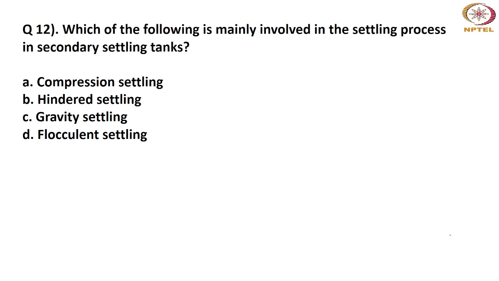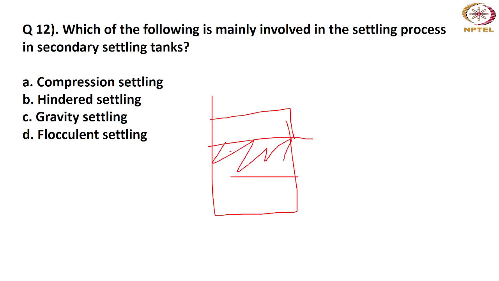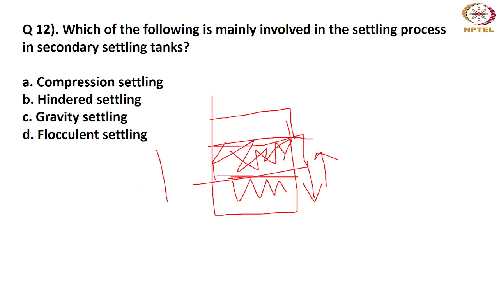So hindered settling we can say is blanket settling. Two kinds of things are going on in the secondary sedimentation tank. One is hindered settling with respect to other particles, like a blanket. And at the bottom, whatever has already settled is also being compressed and water is going out, right? The net weight is coming down, and due to this compression, this layer is getting compressed layer by layer.